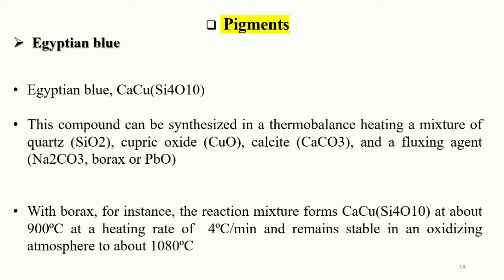Without these fluxing agents, the reaction proceeds very slowly, leading to an impure product which does not have the intense blue color of the pigment. So these fluxing materials are quite helpful for the purity of this Egyptian blue pigment.